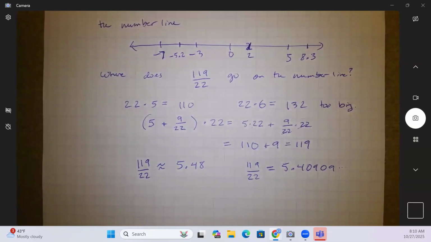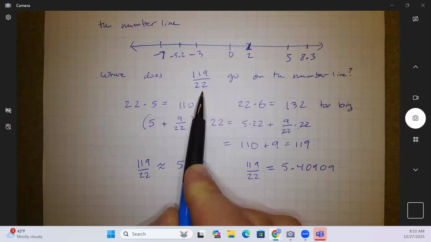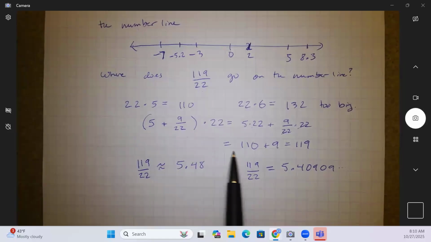Now, I went through that kind of fast because that's not actually the focus of this section, but I wanted to let you know fractions are tough. It's hard to know where a fraction goes on the number line. If you don't have a calculator, you kind of have to puzzle your way through it. And if you do have a calculator, it's super quick and easy. So calculators are absolutely fine to see about how big a fraction is.